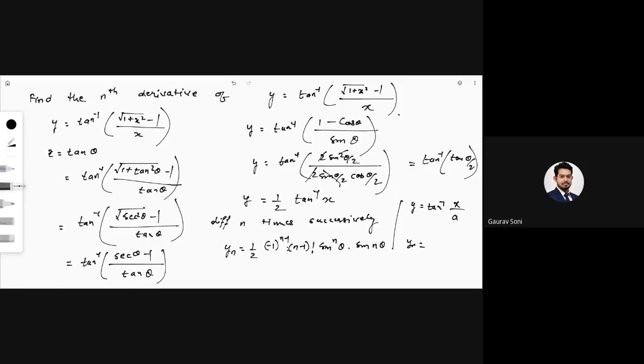A in this case is 1, where theta is equal to tan inverse a by x. Clear?